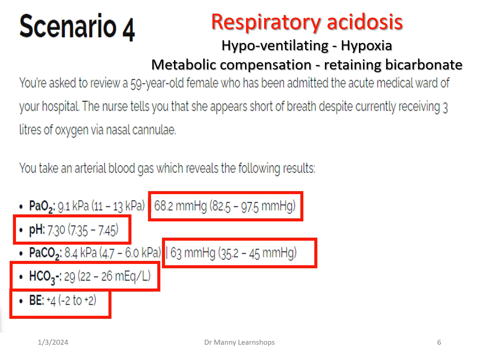And as a consequence of that, you've got metabolic compensation because you're retaining bicarbonate. So the interpretation of this blood gas is respiratory acidosis, they're hypoventilating, they're hypoxic, and they have metabolic compensation because they're retaining bicarbonate.